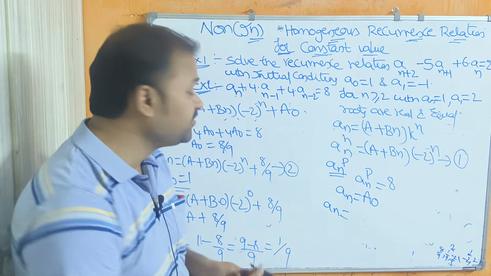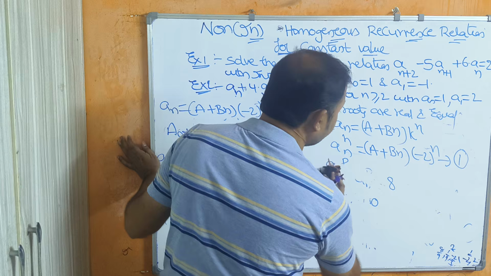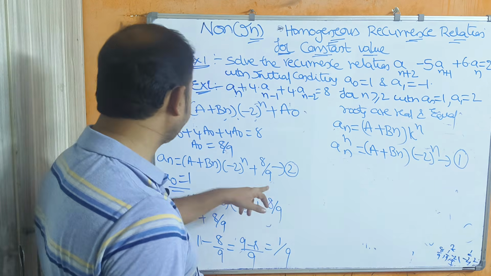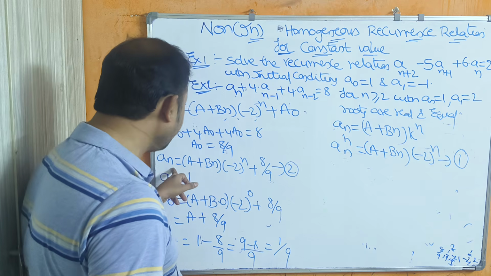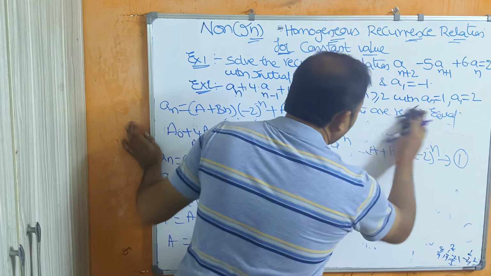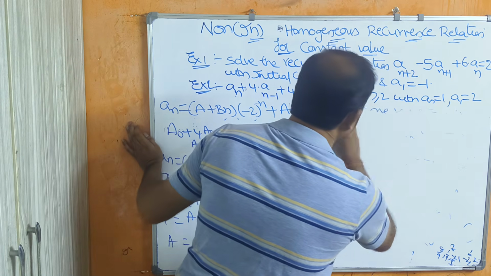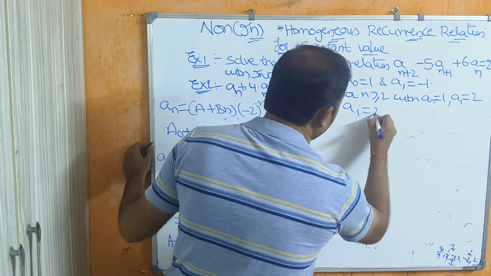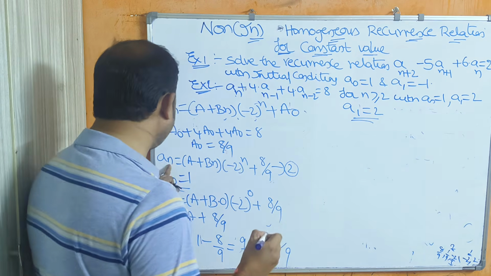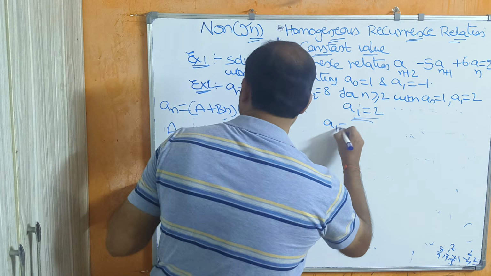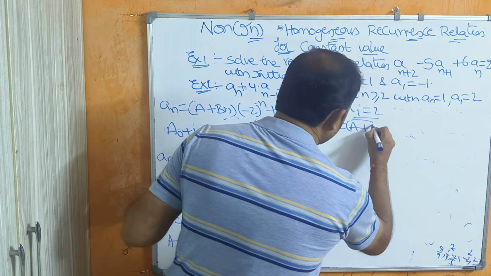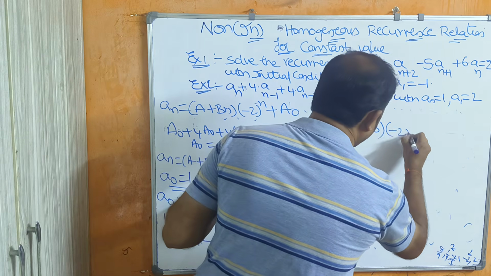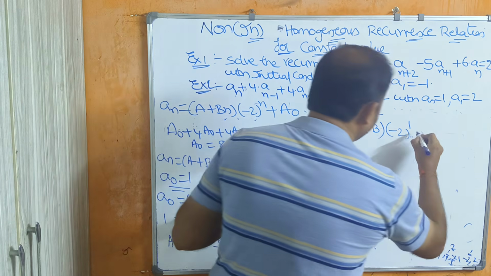So now we need to compute the b value. So in order to compute the b value, what we have to do? We need to substitute 1 in place of n. So a1 equal to, what is a1 value? 2. So substitute 1 in place of n. So a1 equal to a plus b into 1, that is nothing but b only, into minus 2 whole power n, n value is 1, plus 8 by 9.